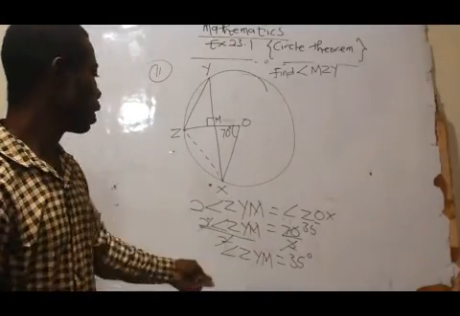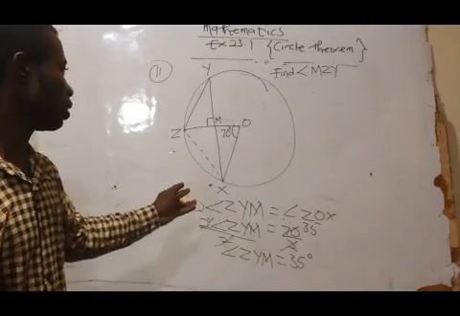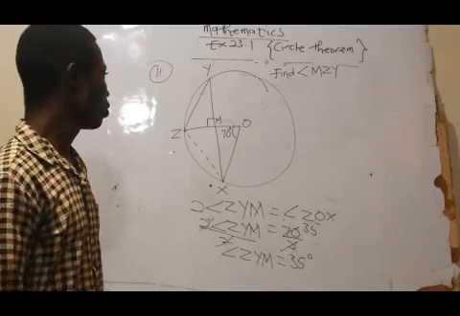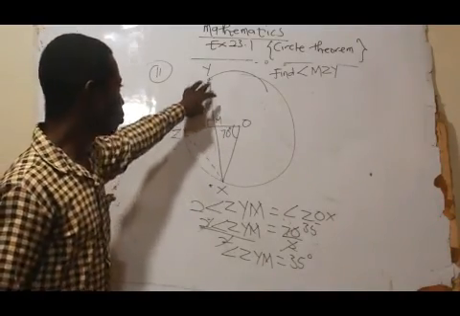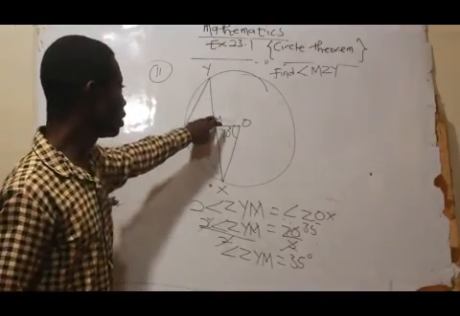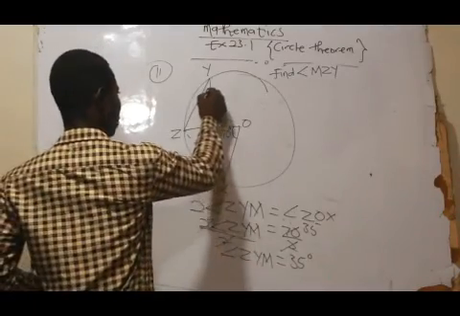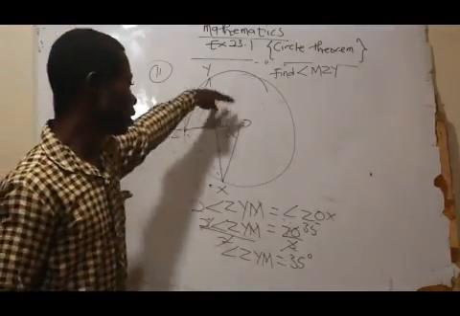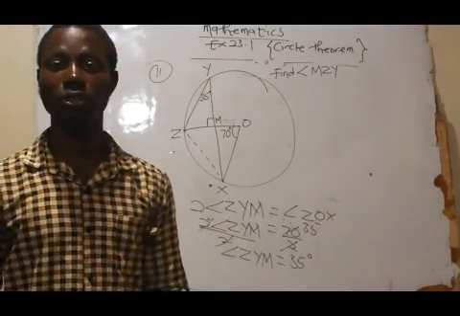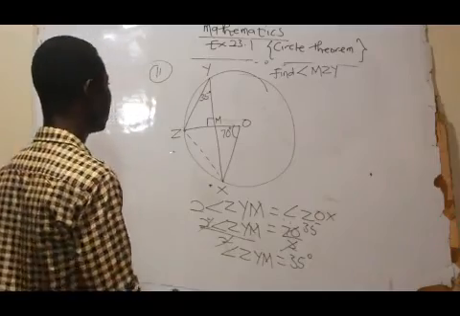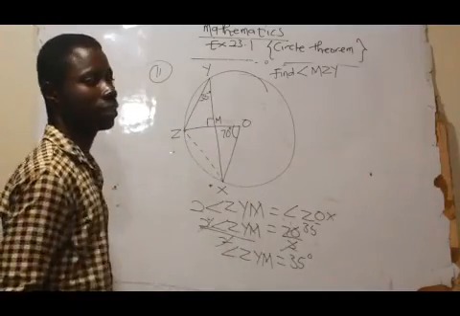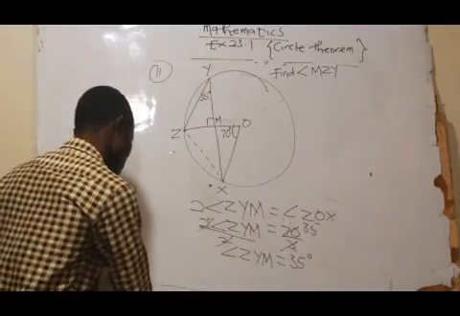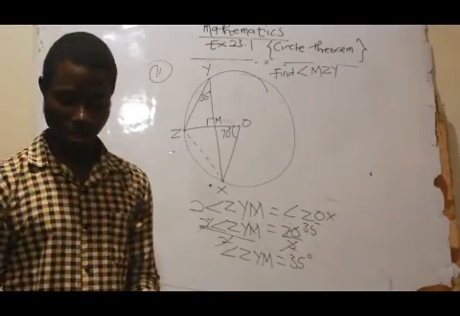Now, since we have ZYM equals 35 degrees, angle ZMY itself is 90 degrees. So we have 90 degrees here and then 35 degrees here. Now we have this triangle, and 2 of the angles in the triangle have been gotten. So we can easily sum them up and deduct them from what? 180 degrees, because the sum of interior angles in a triangle is what? 180 degrees.